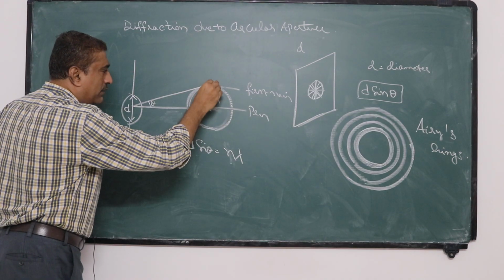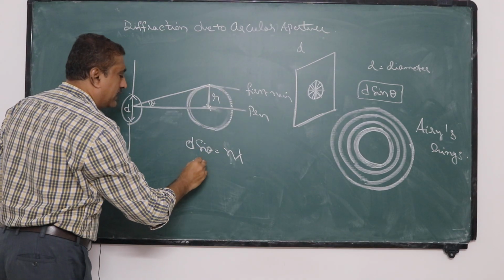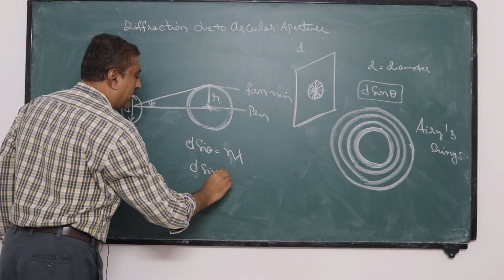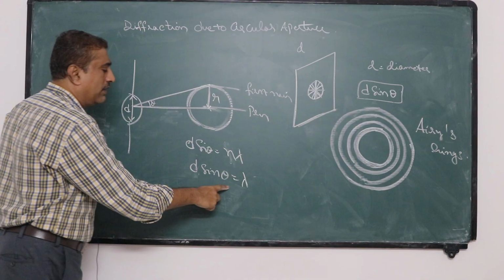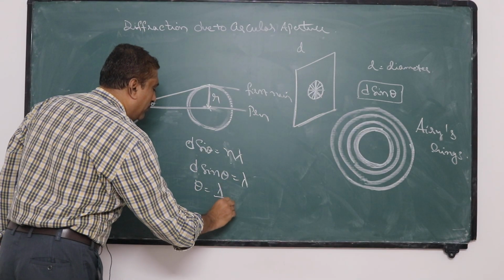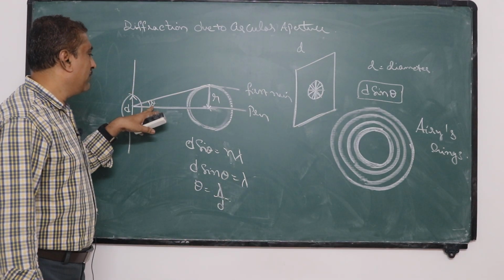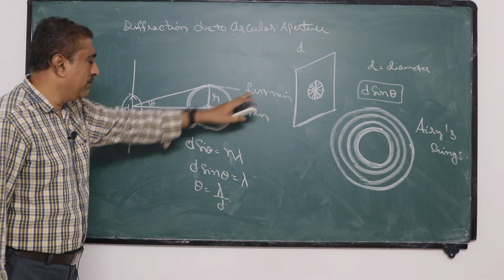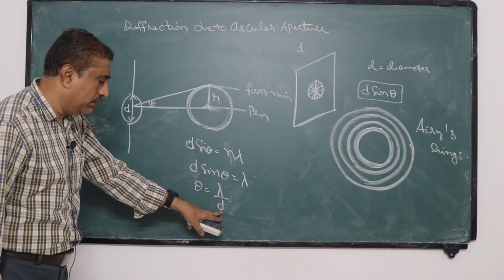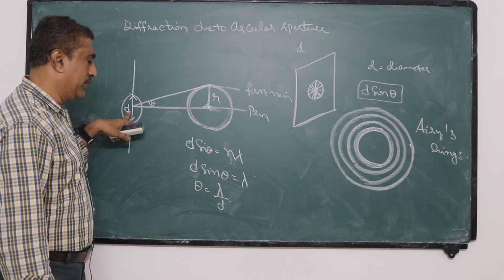From the center to this distance is the radius of this central disc, and that is d sin theta equal to lambda. This is for first order. So theta is equal to lambda by d. That means the angular position of the first minimum is given by theta equal to lambda by d, where d is the diameter of this circular aperture.